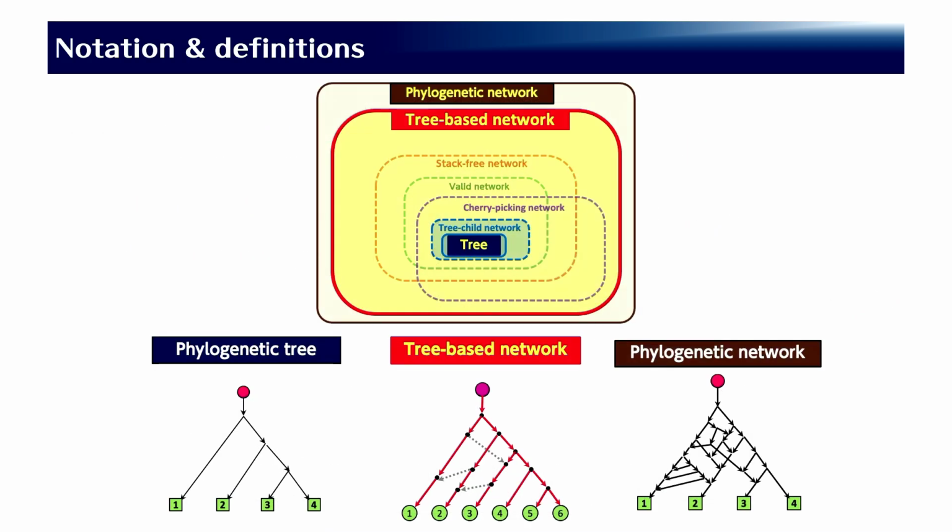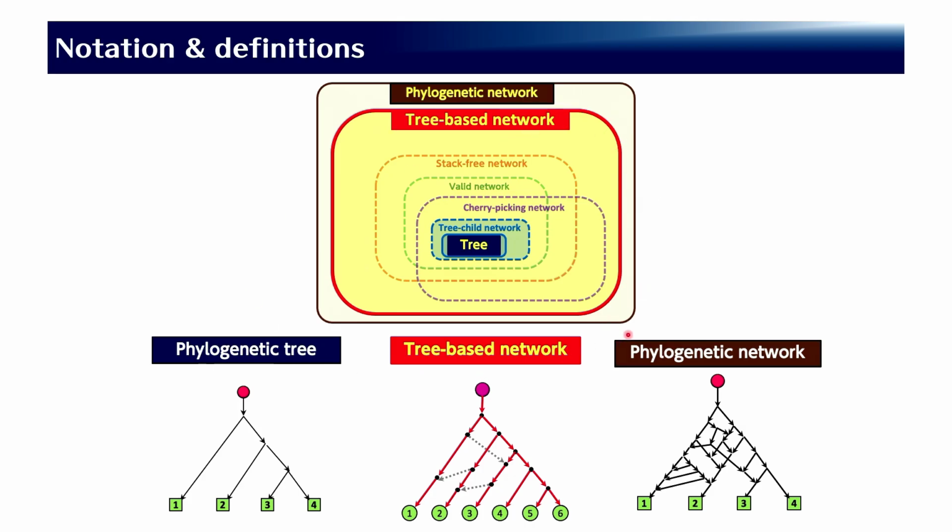Okay, so we have defined phylogenetic trees and their generalization, phylogenetic networks. There are many subclasses of phylogenetic networks, but in this lecture we discuss problems regarding tree-based networks, as shown here.